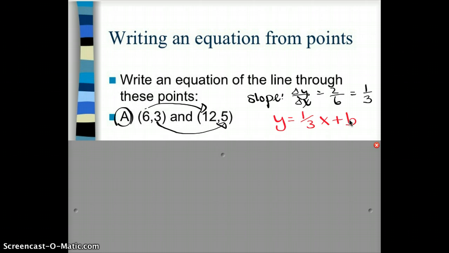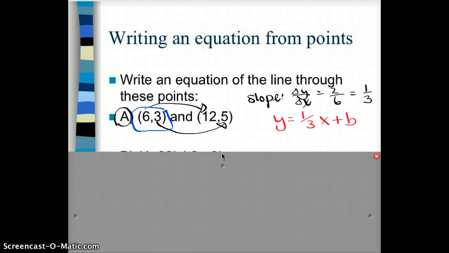And whether I formally plug it in or I just kind of think about it, in general, what I'm doing is picking a point. I'm going to pick (6, 3) just for it being first. They both seem like about the same level of difficulty here. And I'm going to plug in those points. 6 is x and 3 is y. So I know that in my equation it has to make that point true.